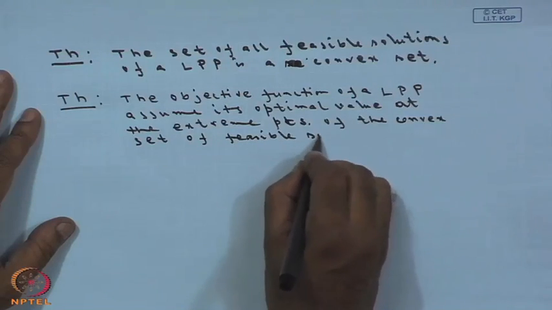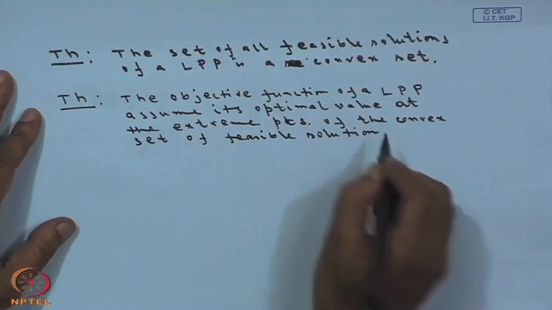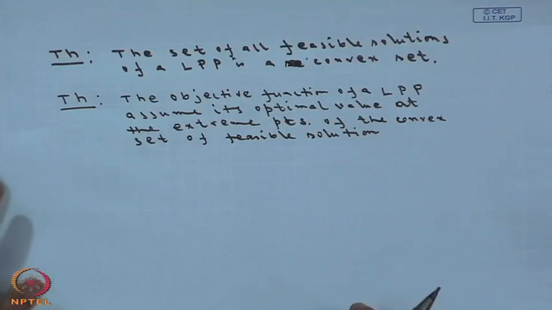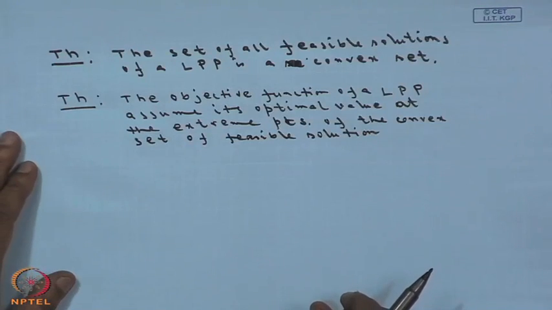Just see the beauty, that our basic aim is to find out the solution of one LPP. The LPP is consisting of the objective function subject to the satisfaction of some constraints, and we want to find out the optimum value of the objective function. By this theorem now we are saying that the objective function takes its optimum value only at the extreme point of the feasible region.